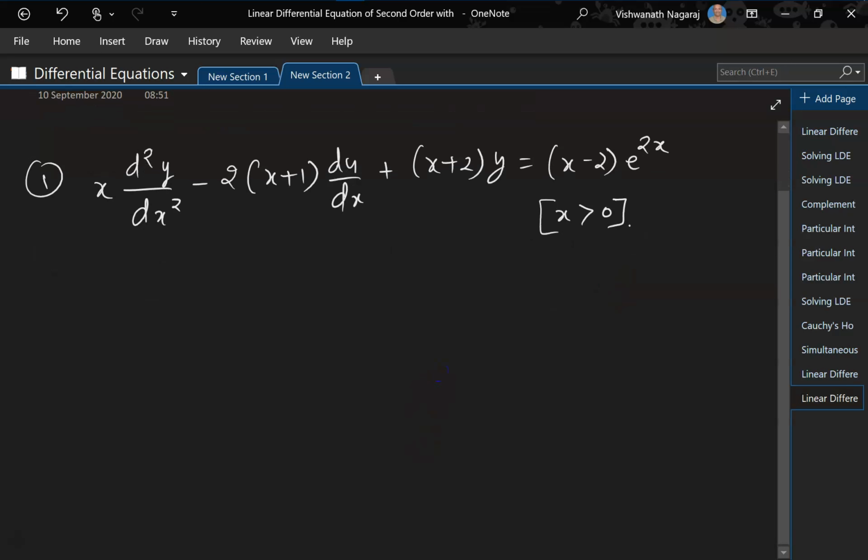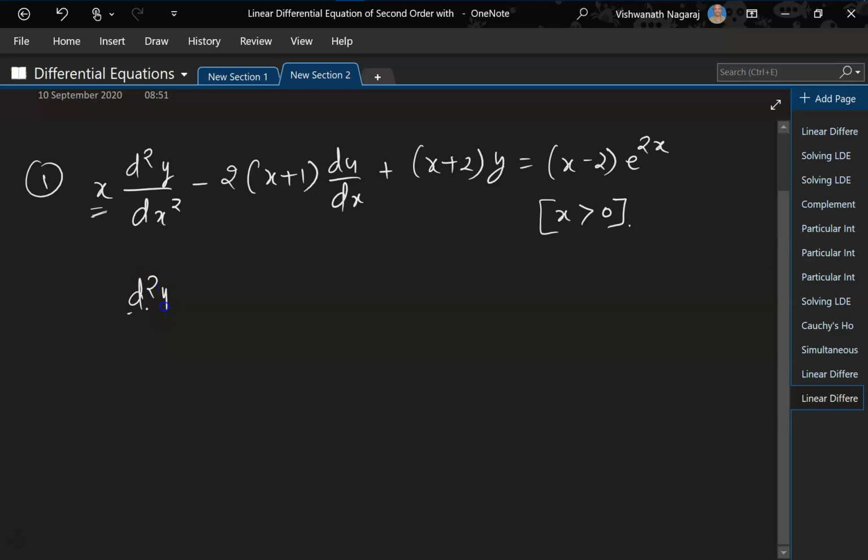Now, since x is greater than 0, it means we can just divide the entire thing by x to get rid of this x. Had it been less than 0, then it would have been a problem. Why? Because then the sign would have also changed. So let's divide the entire equation by x.